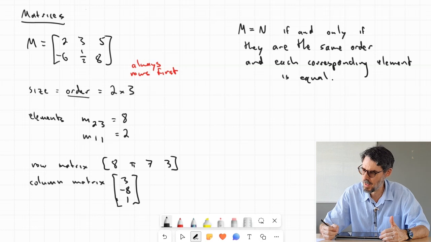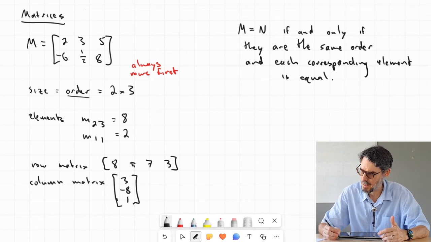Okay, so M and N are equal if and only if they have the same size, same order, and corresponding elements are equal.